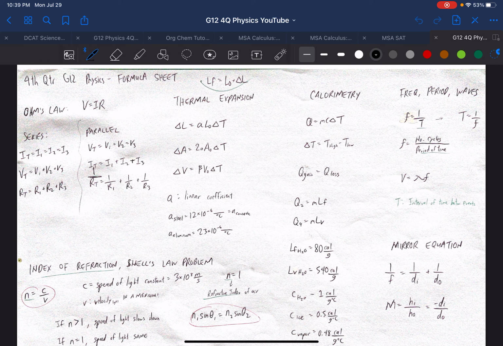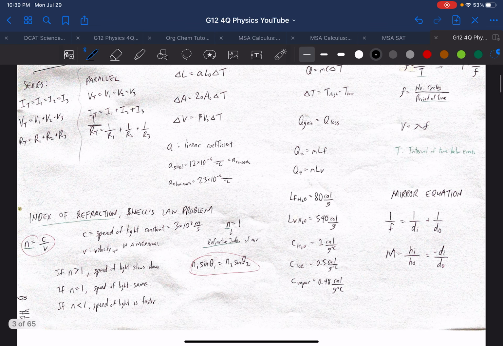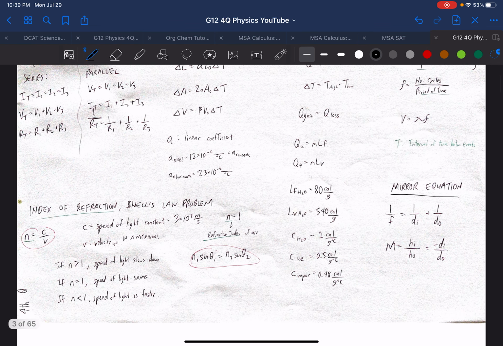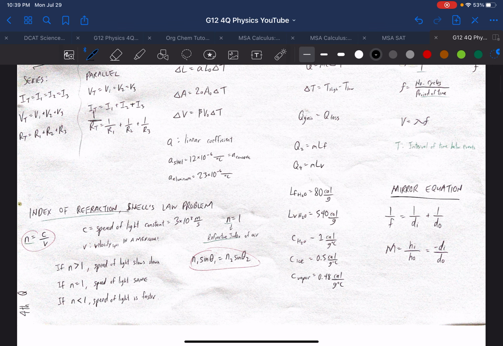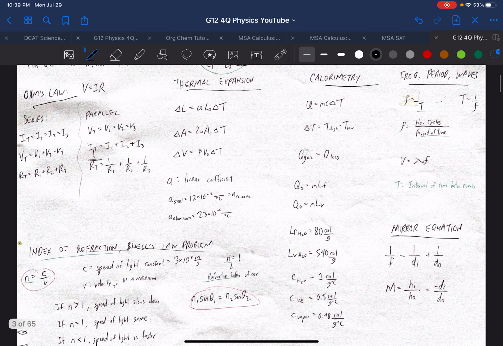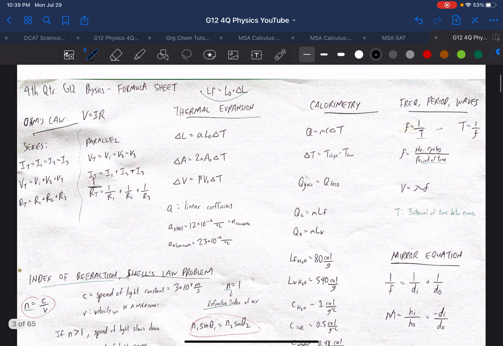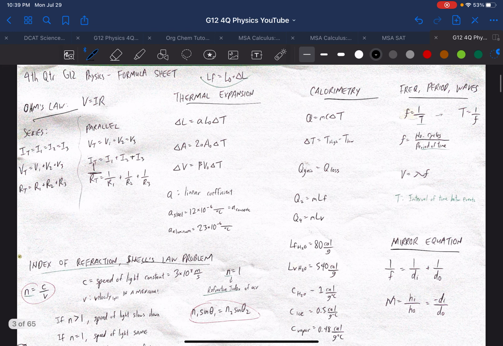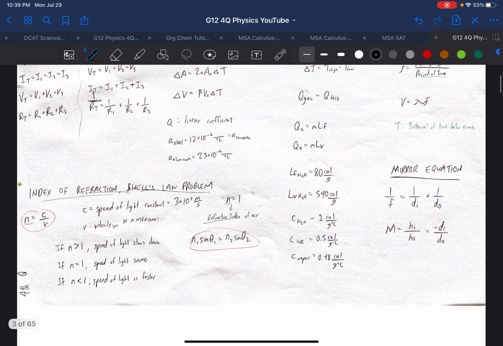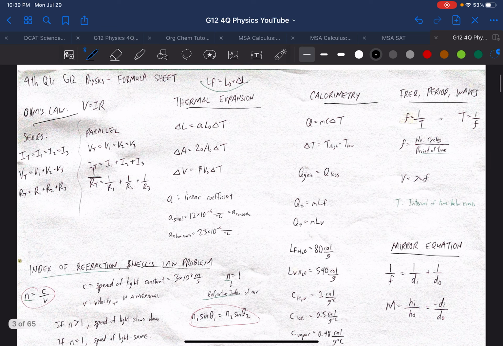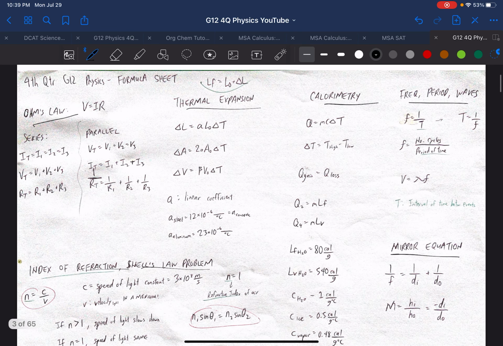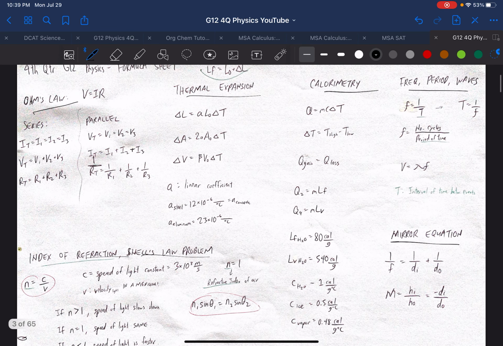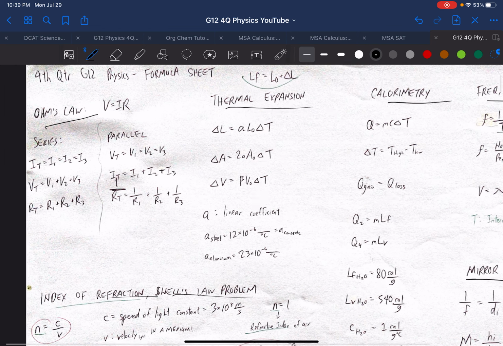Okay, so we basically have Ohm's law, thermal expansion, calorimetry, frequency, period and waves, mirror equations, index of refraction, Snell's law problem, among other things. I think that's it. So yes, we'll be using these formulas throughout this reviewer.